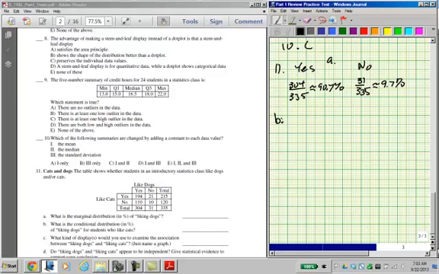What is the conditional distribution in percent for liking dogs for students who like cats? In other words, given that you like cats, okay? Now, how many people like cats? Here's the liking cats, 215. What percentage like dogs? Well, 194 of the people that like cats like dogs. See? Yes and yes.